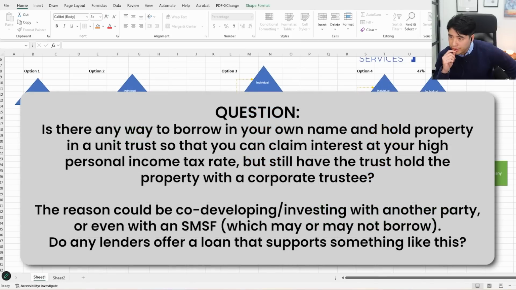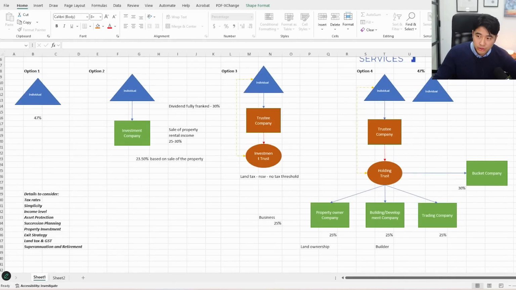Is there a way to borrow in your own name and hold the property in a unit trust so that you can claim interest at your higher personal tax rate, but still have the trust hold the property with a corporate trust? The reason could be co-developing, investing in another party, even with SMSF. Do any lenders offer a loan that supports something like this? Again, speak to a mortgage broker. And I guess this is the part where you're talking about negative gearing, Andrew.